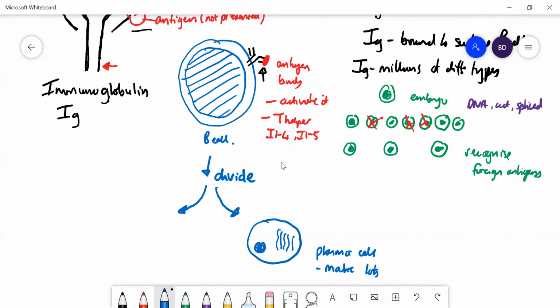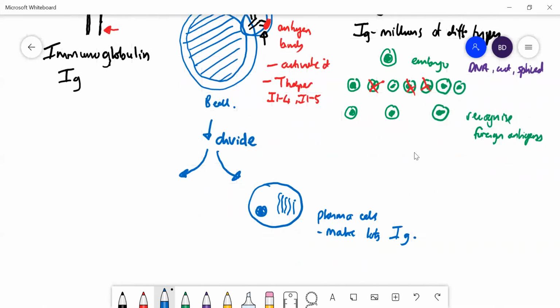The immunoglobulin they make is this one, the soluble version of the one on the surface of the B cell. It's the one that will react with the bacteria or the virus or whatever the body has detected in the blood. So they chuck out loads of this immunoglobulin, and that helps fight infection. We'll talk about how it does that.